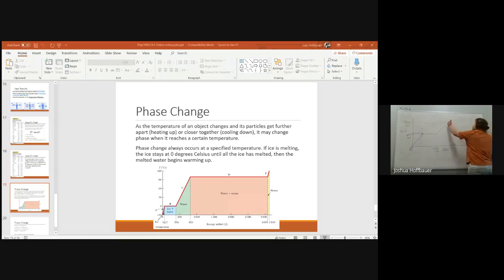So as you keep adding thermal energy, it stays at 100 degrees Celsius until the phase change is done. Once the phase change is done and all of the water has turned into steam, then if you keep adding thermal energy to the steam, it will keep getting warmer.